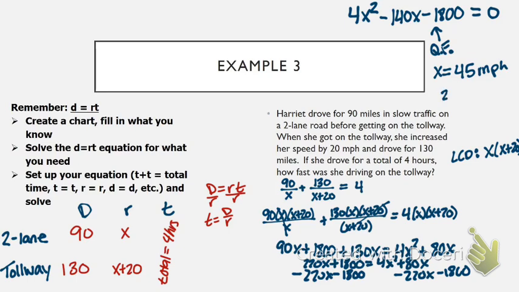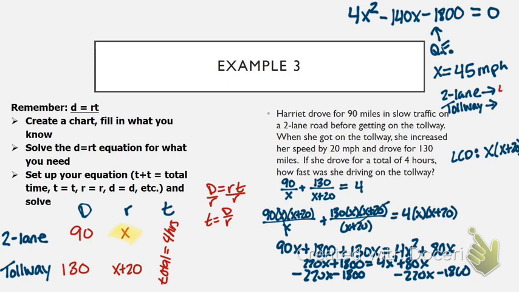If we remember, we've got a 2-lane road and a tollway. Back in my original equation, I said that x stood for the 2-lane road.